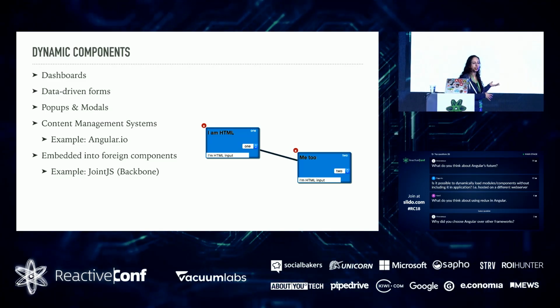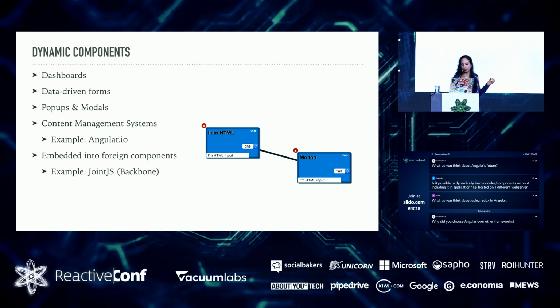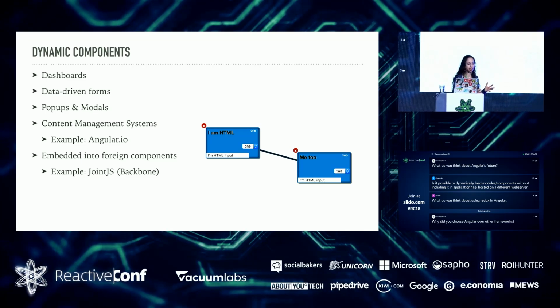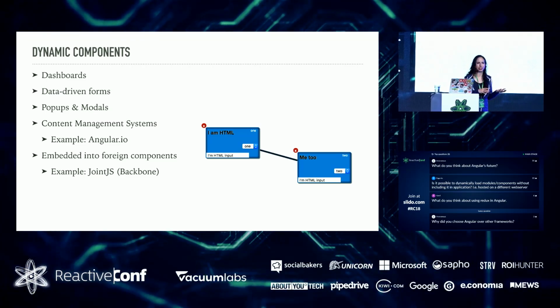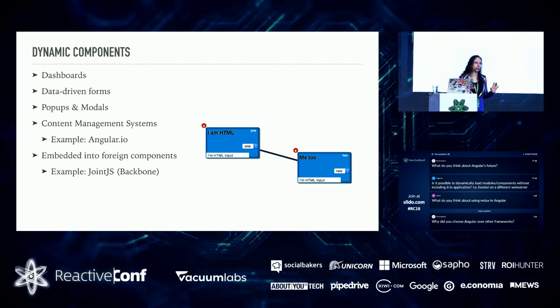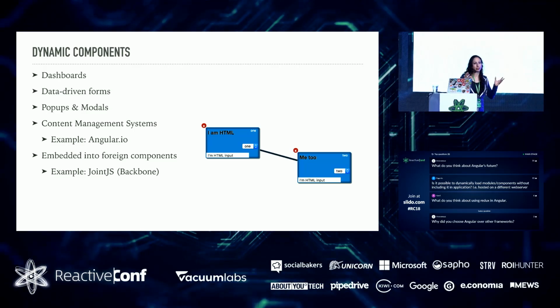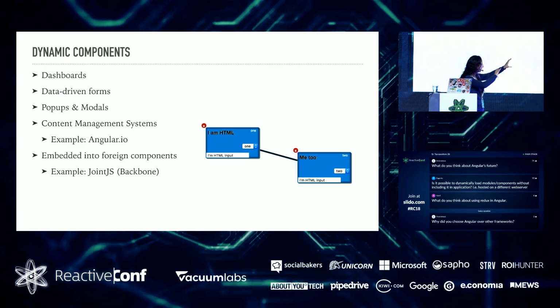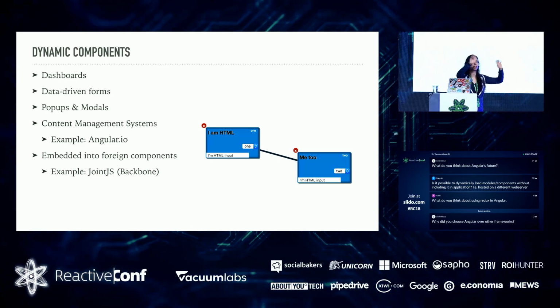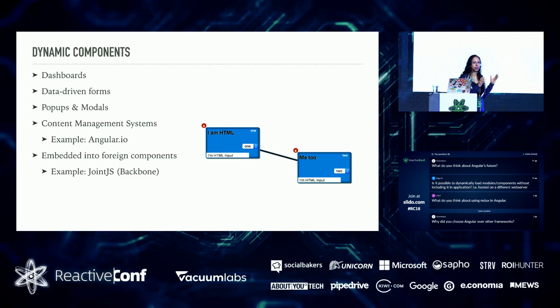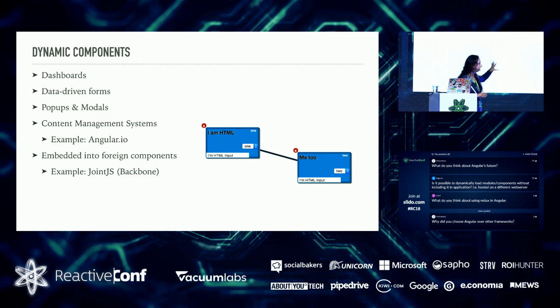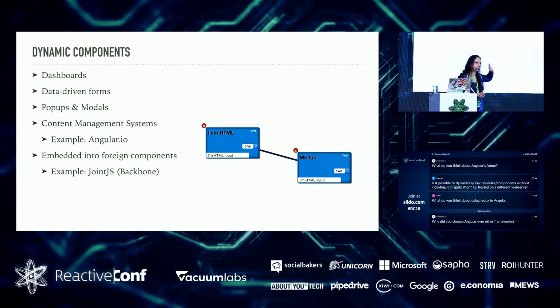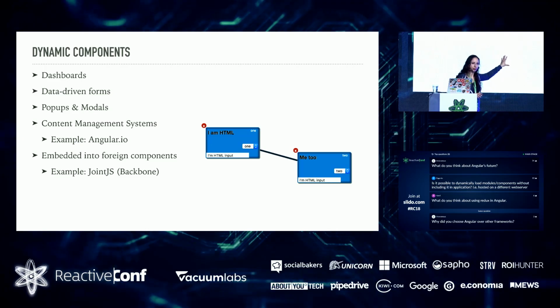And we were using a library called Joint.js, and it's written in Backbone. Most of the components there are in SVG, so you can create these boxes and links between them, and you can move them around. And they give you an option to embed an HTML component in the SVG.